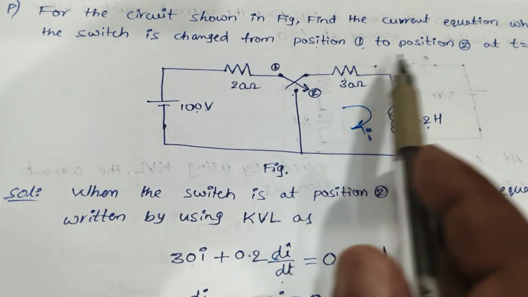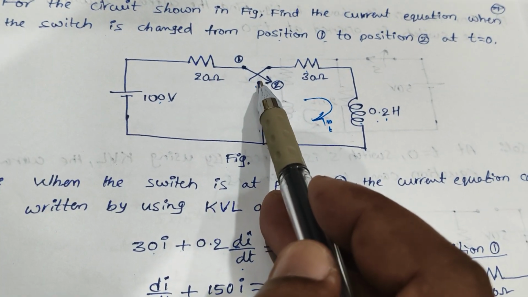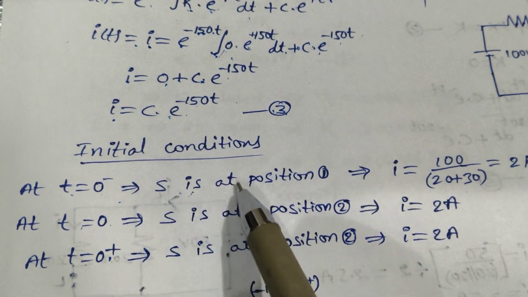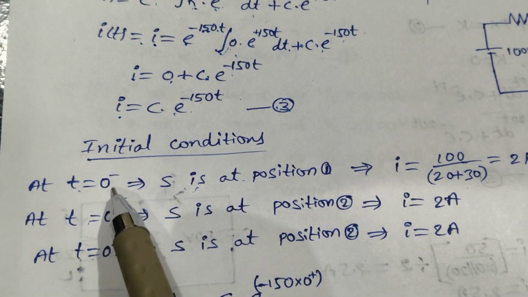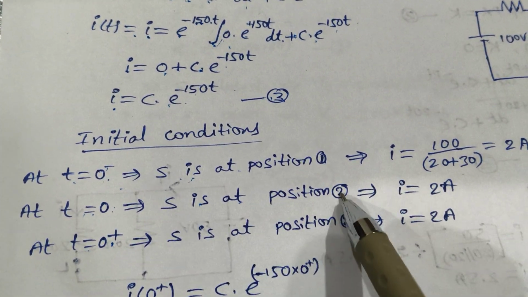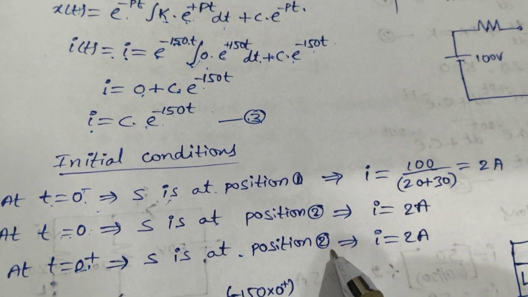Later, at t equal to 0, the switch is moved to position 2, and further it remains at position 2. So at 0 minus it is at position 1, and at 0 plus it is at position 2.